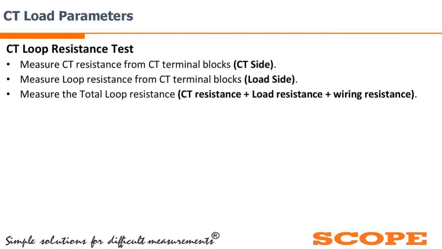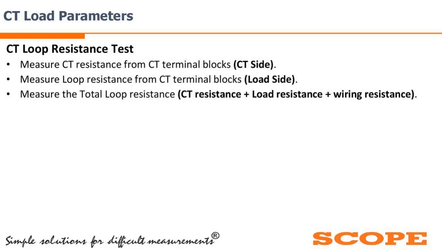After that, CT load parameters. As everyone is aware, we need to conduct a test to check the CT load resistance, that is the CT side resistance, then the load side resistance. Basically, this is the CT loop resistance.